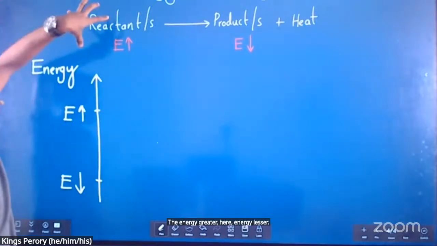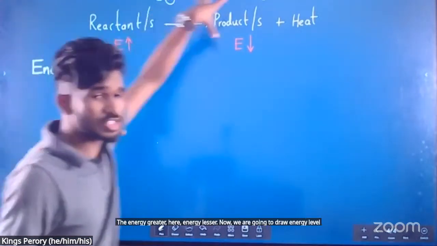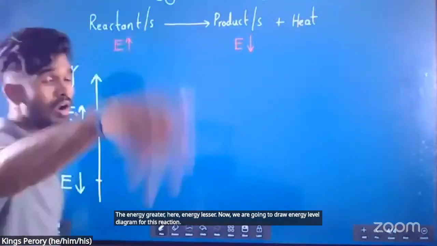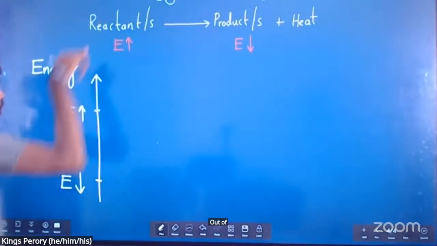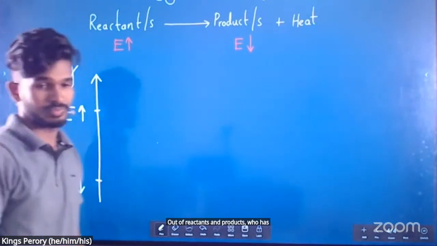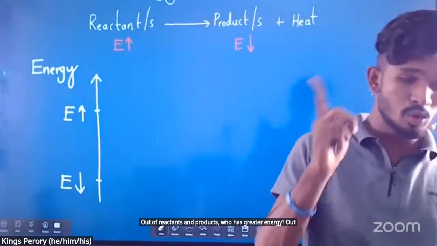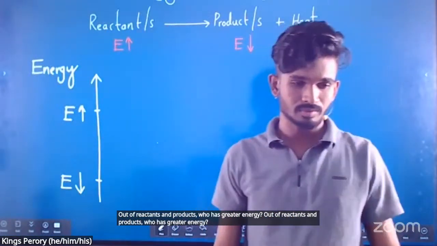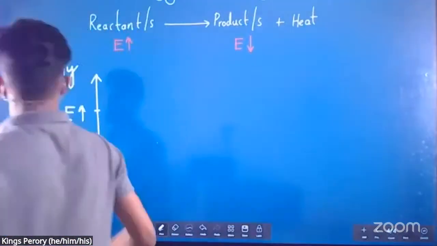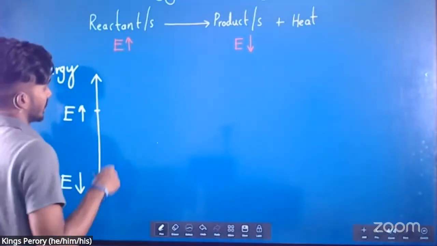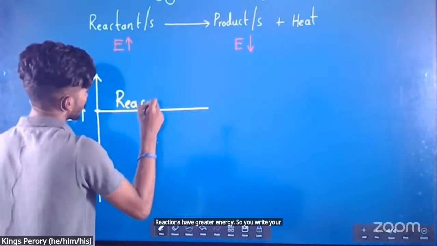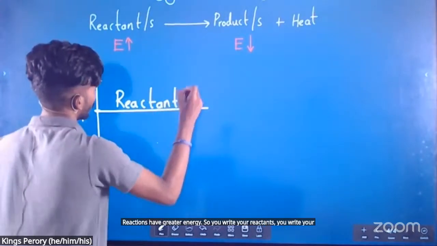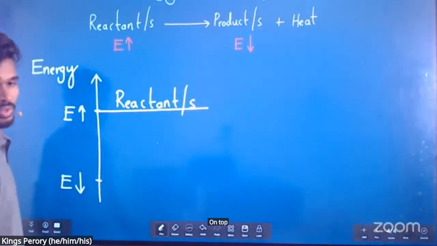Now we are going to draw the energy level diagram for this exothermic reaction. Out of reactants and products, who has greater energy? Reactants have greater energy, so you write your reactants on top.